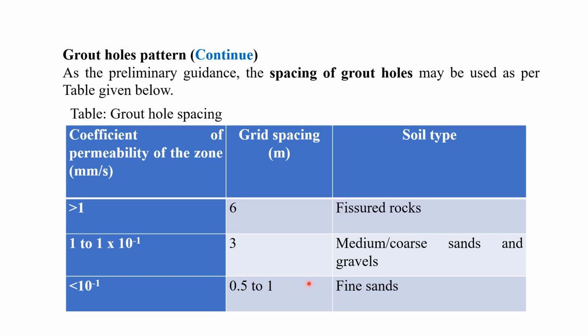That means the permeability will be less. More size of the particles, more permeable. As you know, in case of coarse grain soil and fine grain soil, the coarse grain soil has high permeability, and the fine grain soil has less permeability, right?